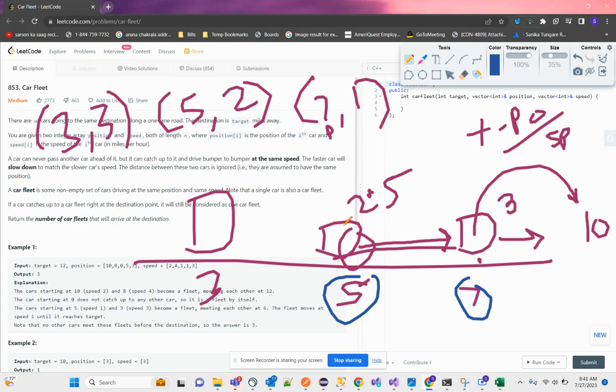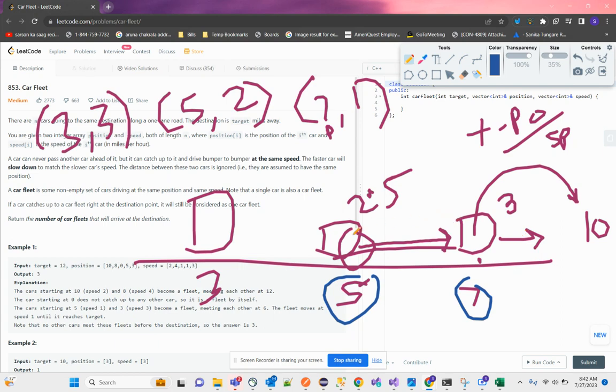So always this car has two speeds. One is the speed of 2, which is its own, and one is the speed of 1 when it intersects. That's the reason we have to check the car before, where it is intersecting and when it is becoming the car fleet.